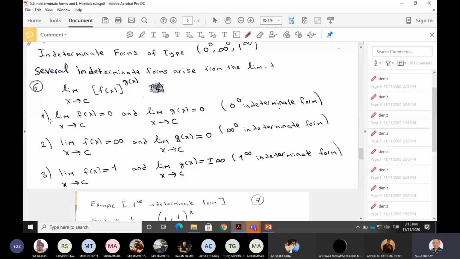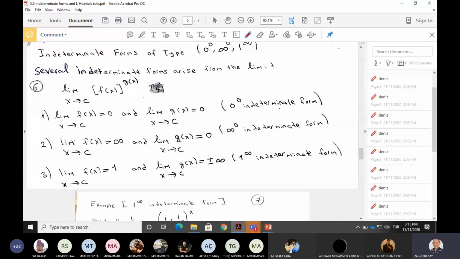In the first situation, if the limit of f of x is 0 and the other is 0, so 0 to the power 0 is an indeterminate form. In the second one, you have infinity to the power 0. Again, this is an indeterminate form.